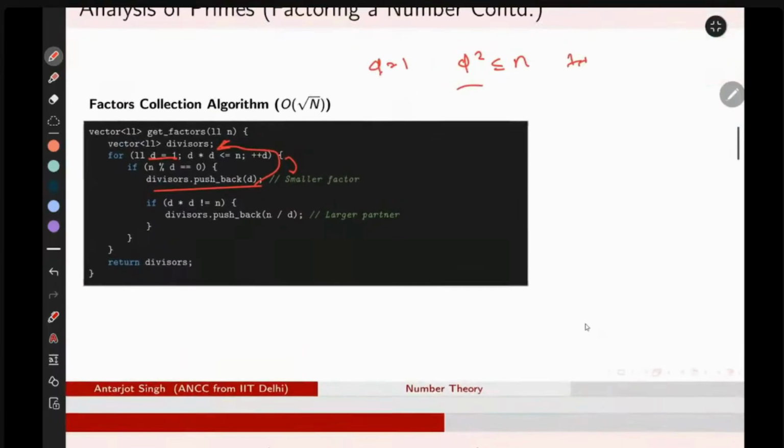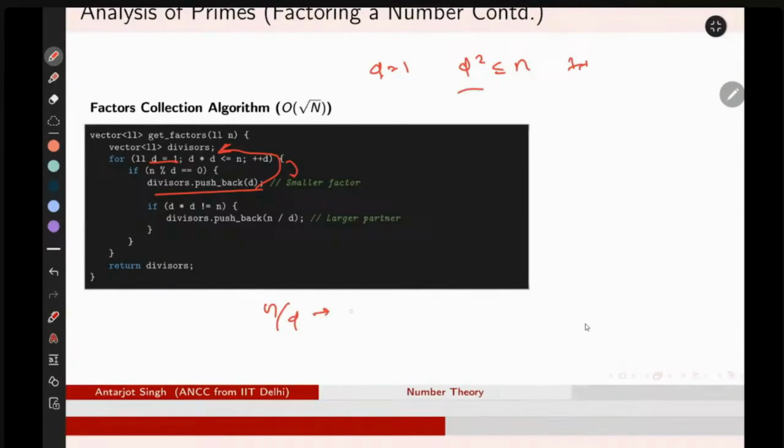And you need to push n by d to our factors too, because n by d is also a factor, and we are not going to scan after this. There is an exception if the number is a perfect square, like 25: 5 is a factor, and 25 by 5 is also 5, so we are not going to push that twice in our array. Or you can just use a set here. You don't even need this condition, just push back.